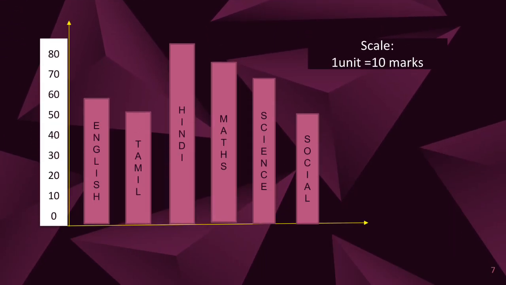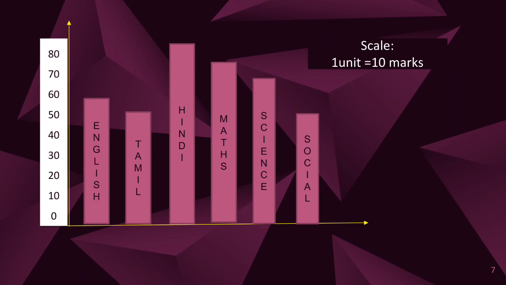So here Hindi you have drawn straight to 80 and Maths 70. But you have Science as 65. Here you have only a skip of 10. So you have to think 65 will come in between 60 and 70. In your graph note, you will have lines between each box.